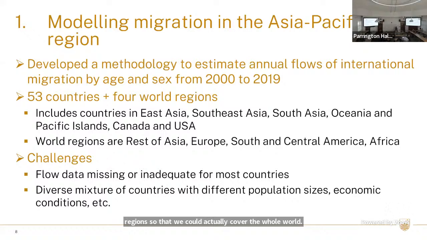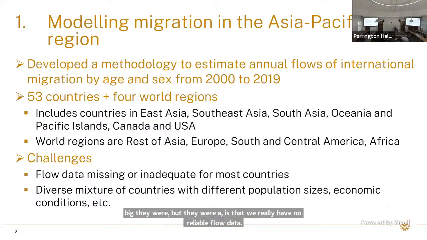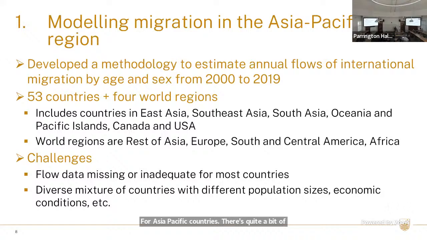And the challenges with this project, which when I wrote the grant proposal, I didn't realize how big they were, but they were immense, is that we really have no reliable flow data for Asia Pacific countries. There's quite a bit of foreign workers data, and there's bits and pieces from the International Labor Organization, but how do you use it is unclear because it's not always clear how it's measured.